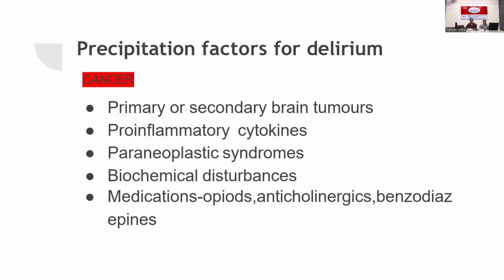Patients with metastasis to brain or brain malignancies can also present with delirium. And pro-inflammatory cytokines that we have already discussed, infection, paraneoplastic syndrome, biochemical disturbance like electrolyte imbalance, all these can precipitate delirium. Okay, next slide.